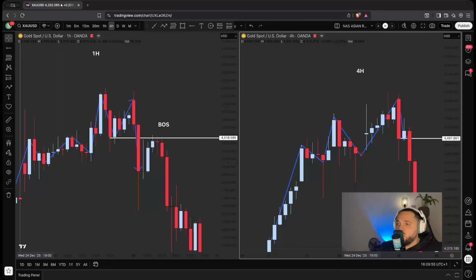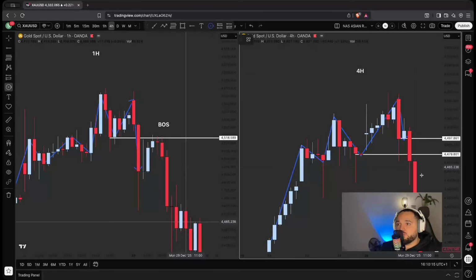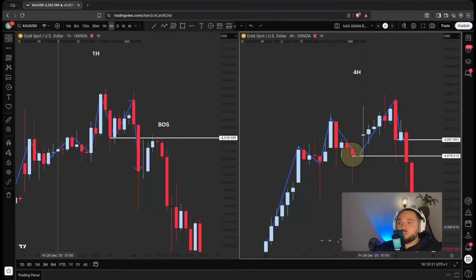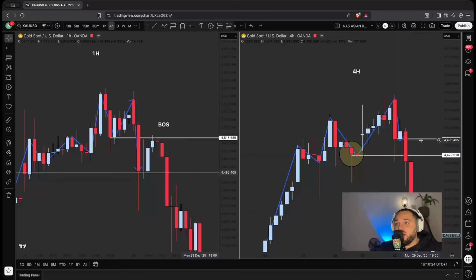Now, looking at our market structure on the 4-hour time frame, we try to look for our previous higher low. Our previous higher low was here. So we know that until the price comes down and breaks below here, we cannot take any trades.